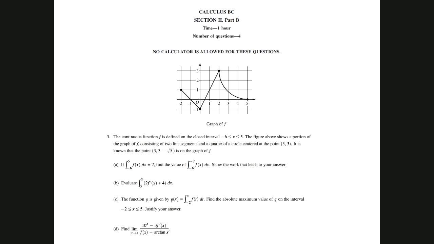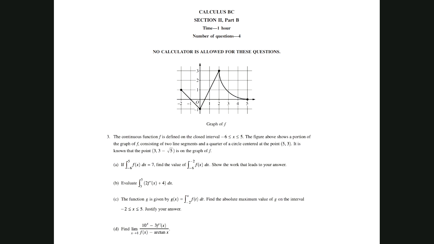It says that you have a continuous function f defined on the closed interval between -6 and 5. The figure above shows a portion of the graph of f consisting of 2 line segments and a quarter of a circle centered at the point (5, 3). It is known that the point (3, 3 minus the square root of 5) is on the graph of f.